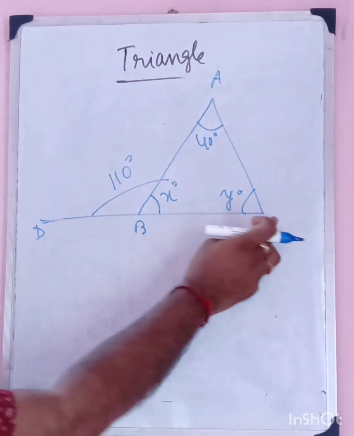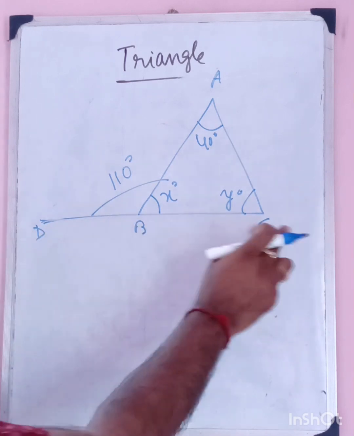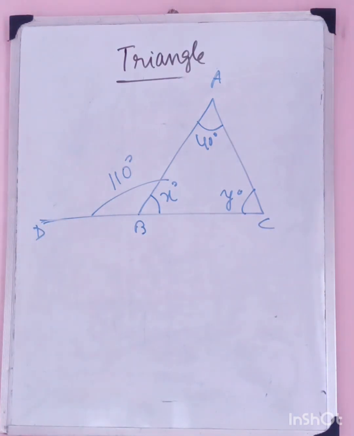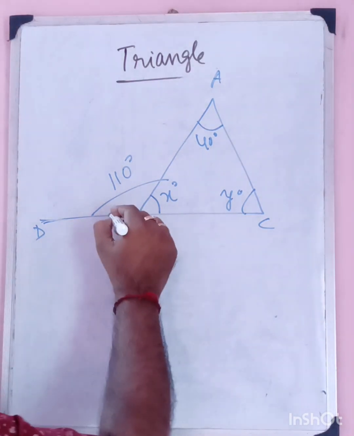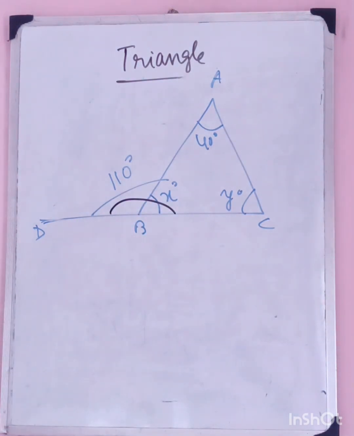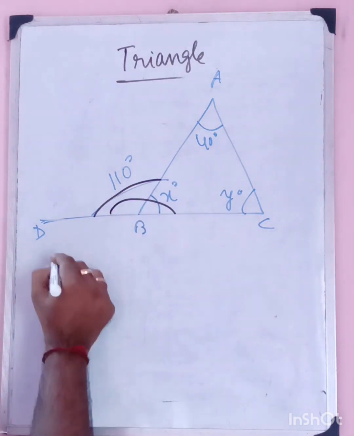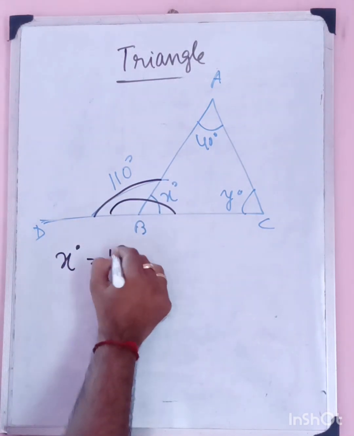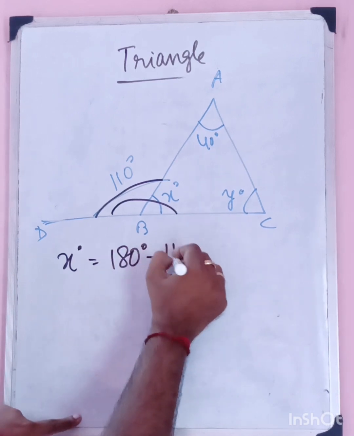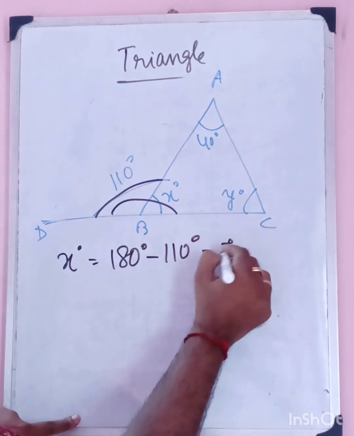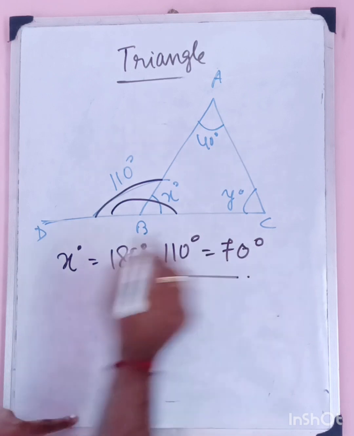If you consider DBC as a straight line, this must be 180. The exterior angle is 110. So X degree is 180 degree minus 110 degree equals to 70 degree.